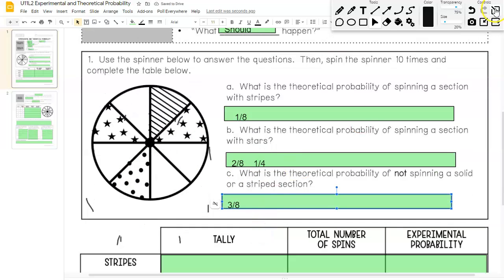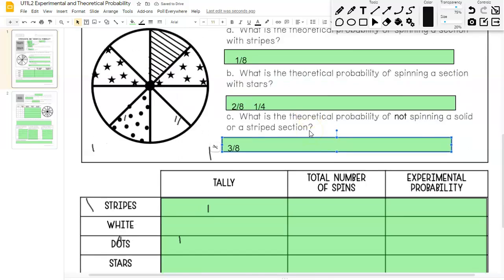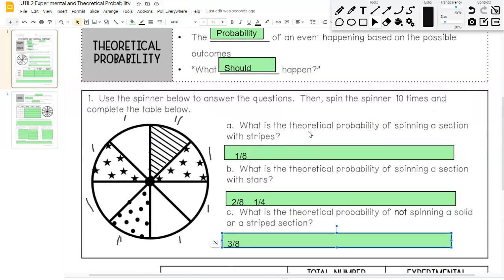Alright, let me clear those. Oh, and then if we talk about our tally, I got 2 with stripes, or 2 with stars. Alright, so I got 2 stars, 2 stripes, and I'm going to write this down so I can transfer it.